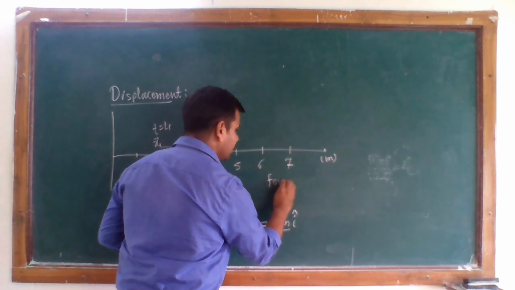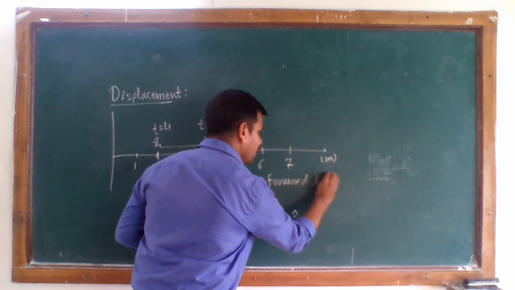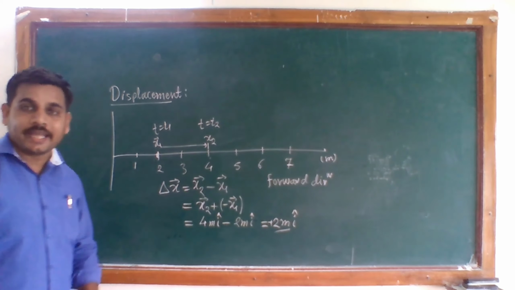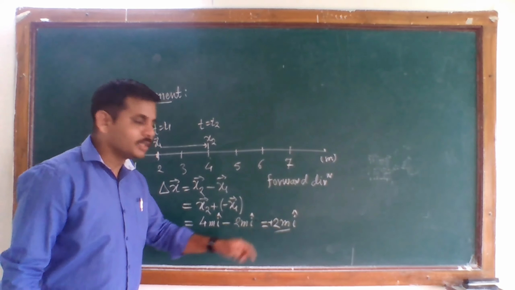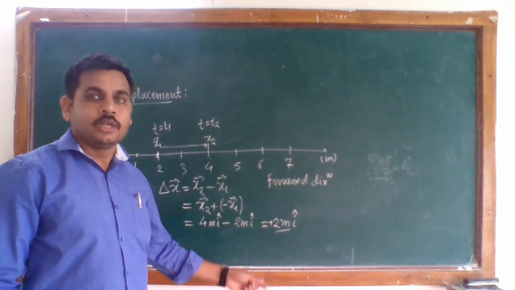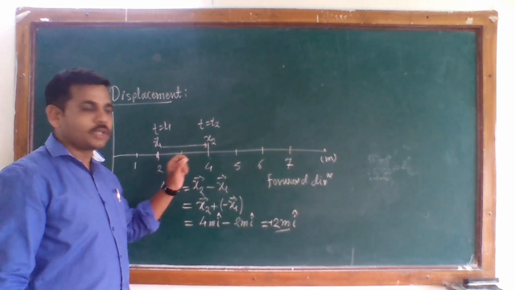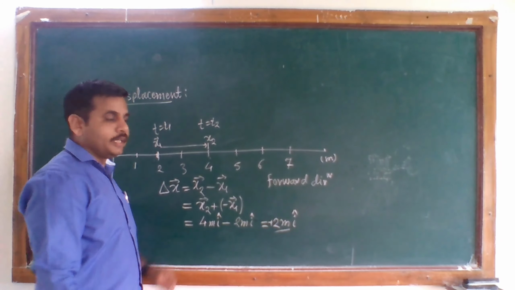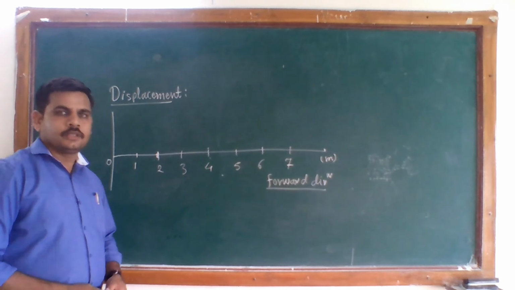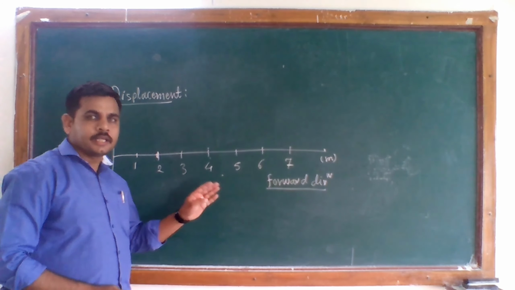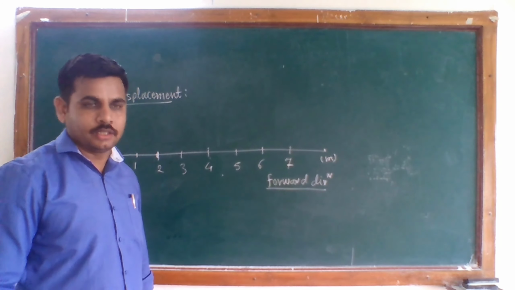We can say that this difference delta x, which represents the displacement, gives us a positive value, which means your car is moving in a forward direction. In the first case we see the car is moving in a forward or positive direction.